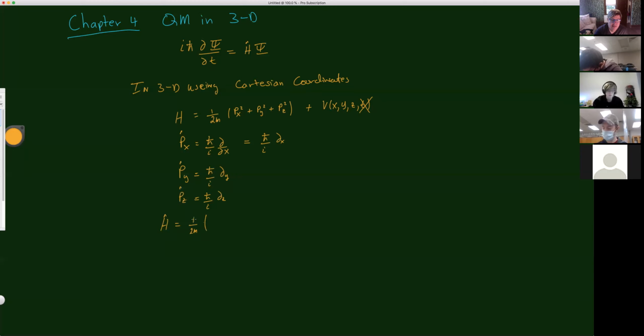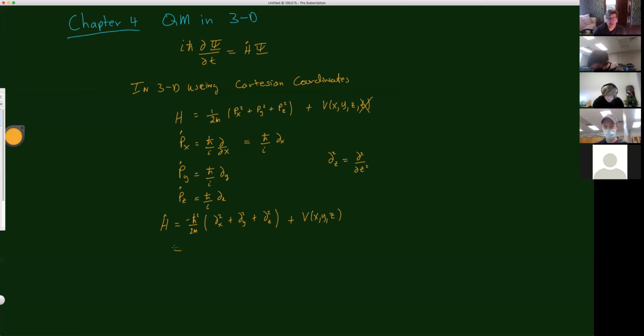What do we get? Well, it's minus h bar squared for one thing, and then it's partial squared x plus partial squared y plus partial squared z, where partial squared z is shorthand for the second partial derivative with respect to z, and then plus V. Well, this may look familiar, this thing here.